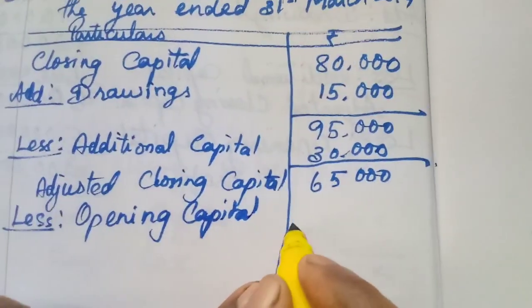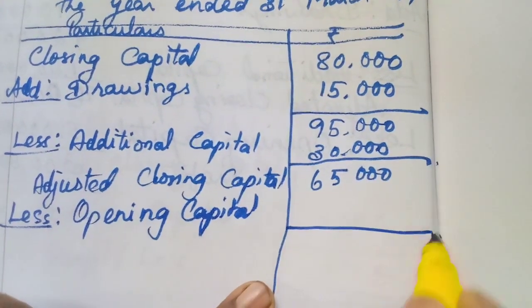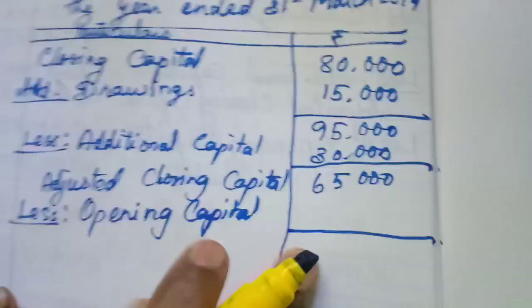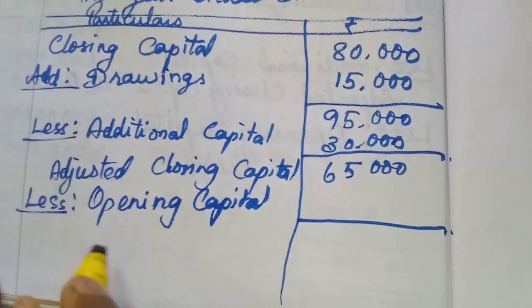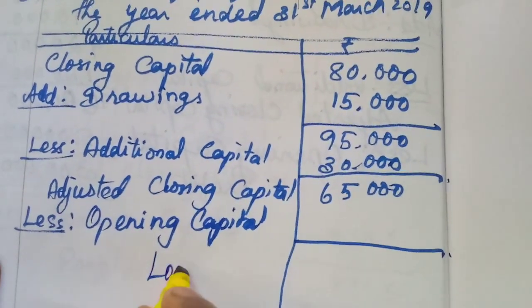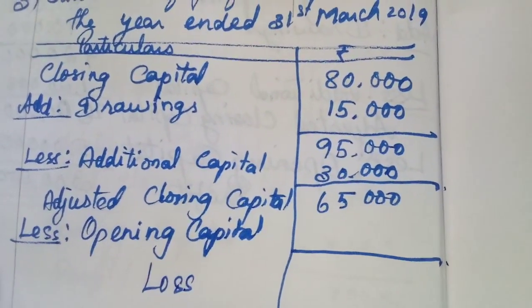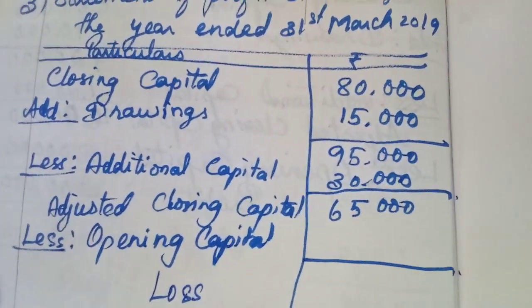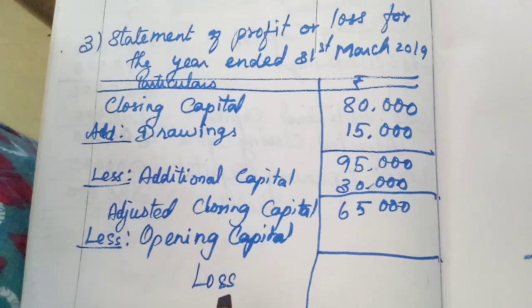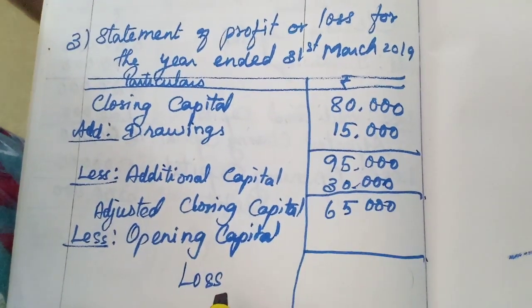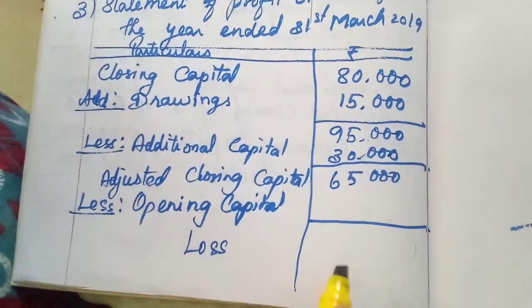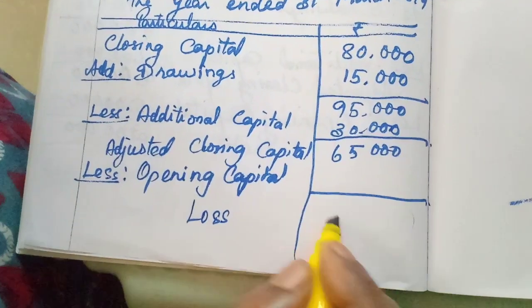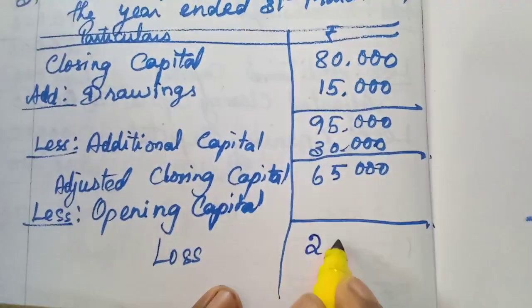Leave that amount space and draw the line and write what they have given us, loss. They have given loss as 25,000. The loss amount is 25,000, that we can write here. Okay, 25,000.